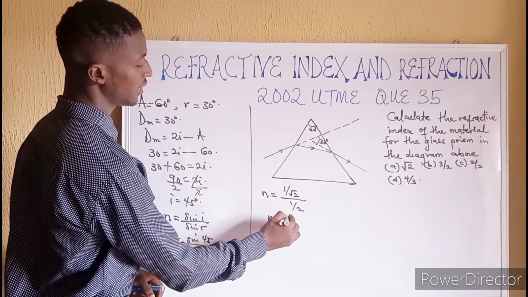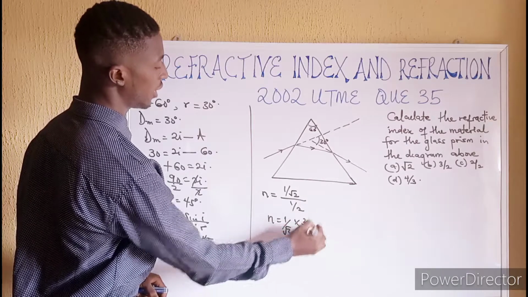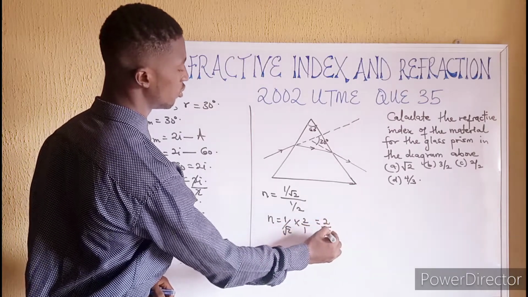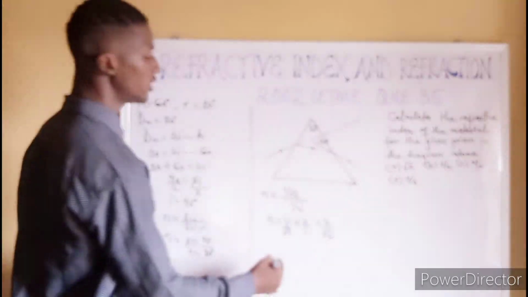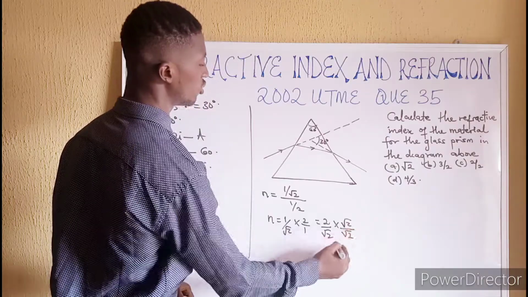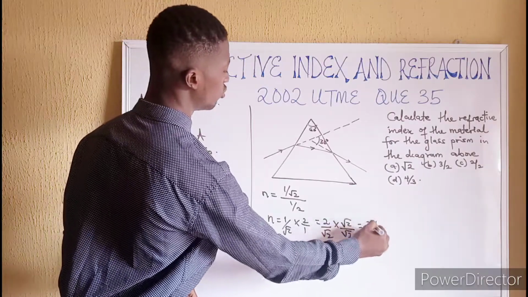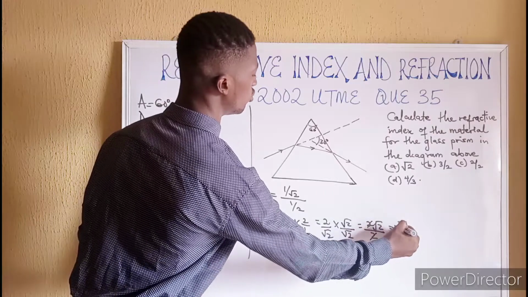So here your refractive index equals 1 over root 2 times 2 over 1, and that is 2 over root 2. We don't usually leave root as denominator of the fraction, so we multiply the numerator by root 2 and multiply the denominator by root 2. That will give us 2 root 2 over 2. This will cancel this, and we have it to be root 2.